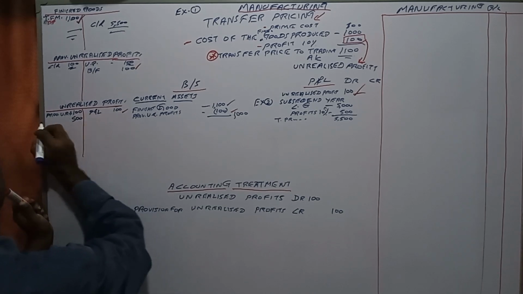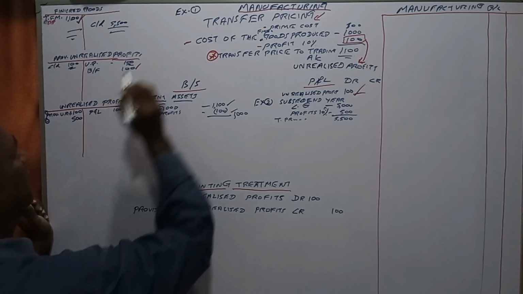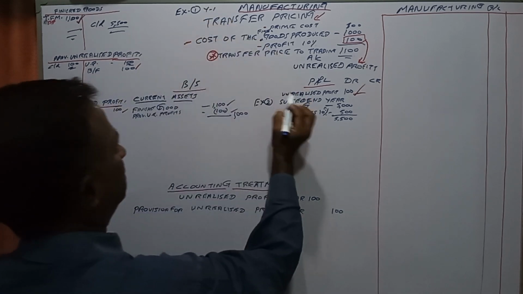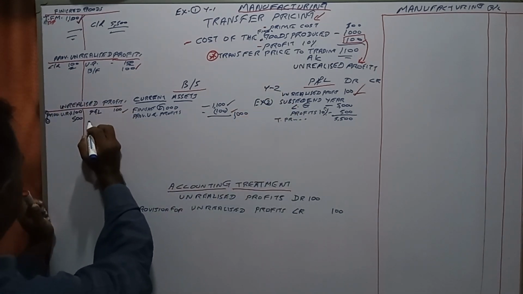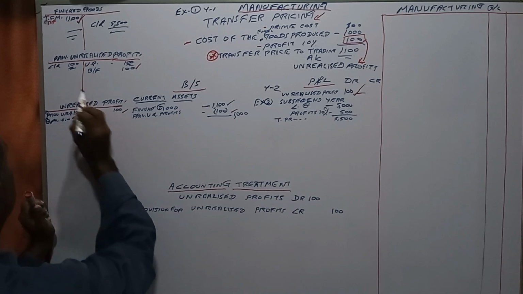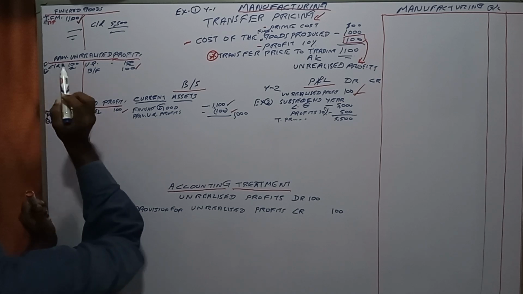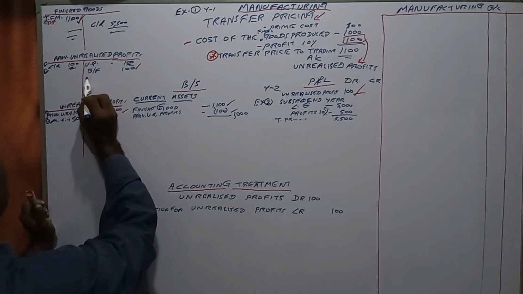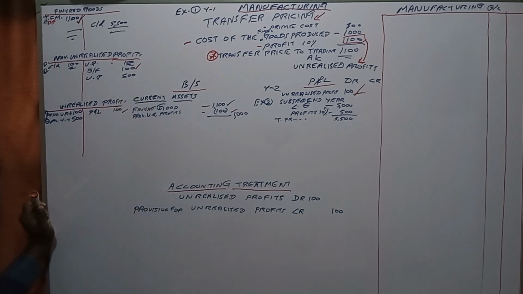This is year 1, this is year 2. 500, this is provision for unrealized profit. Here you will say year 1, year 2, provision for 500.